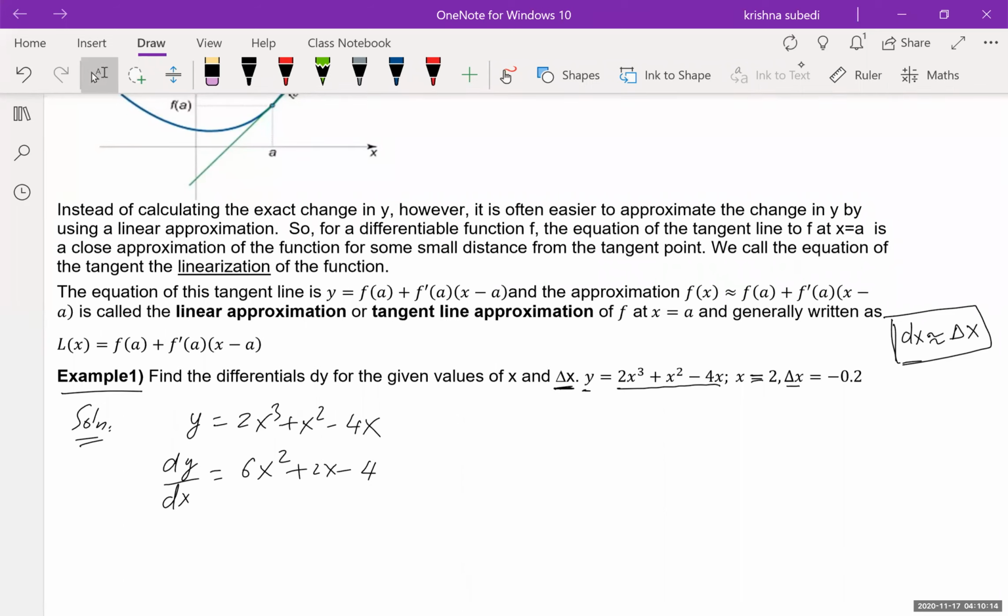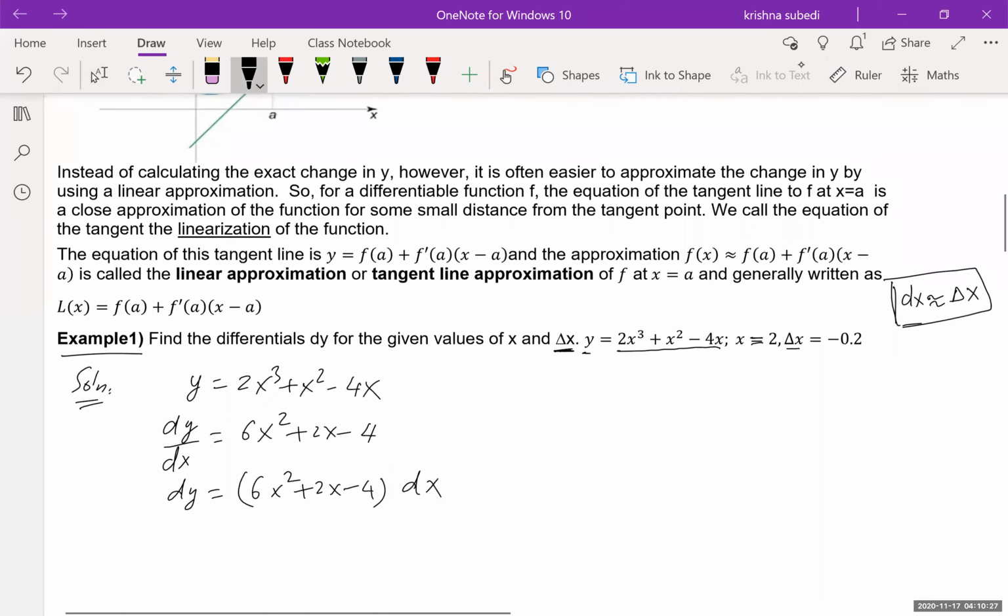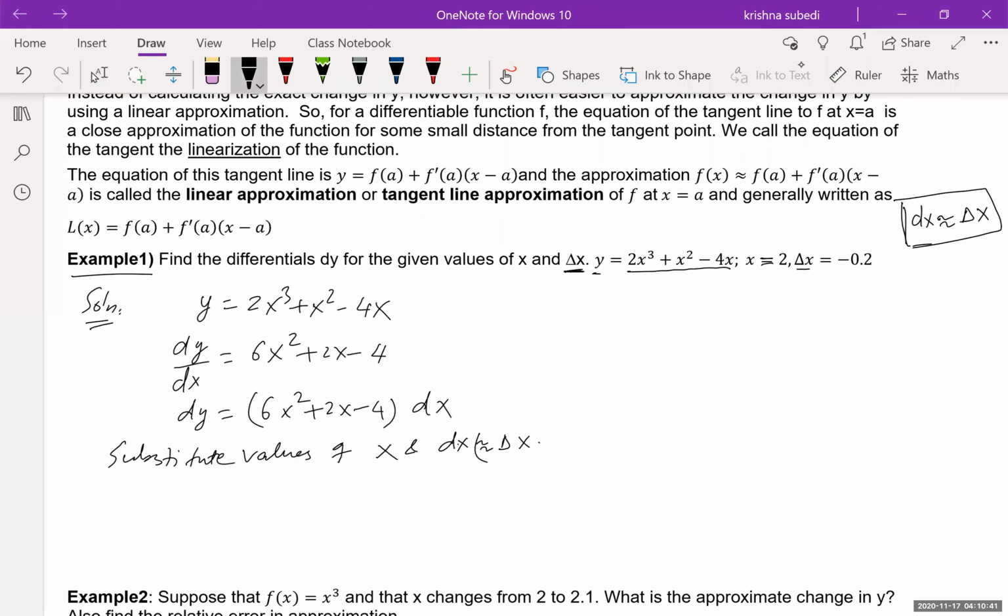Because we want to find dy, we can write this as dy equals 6x squared plus 2x minus 4 times dx. With a little algebra, we can write this down. Now substitute the values of x and dx, or delta x. They are equal. Let us substitute the values, and what do we get?